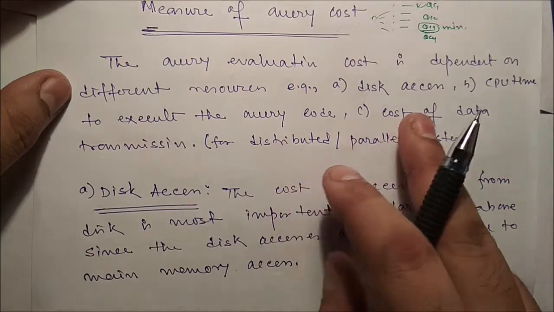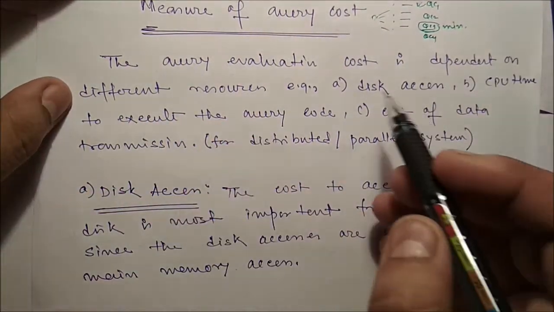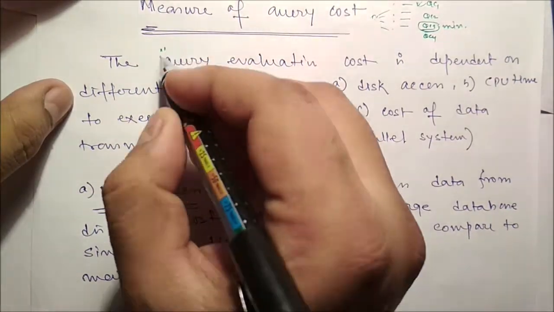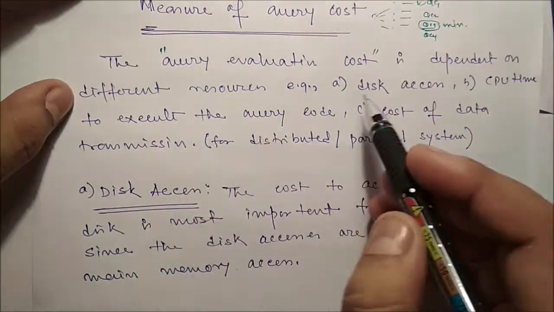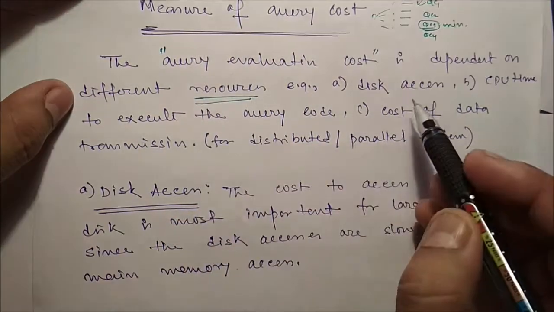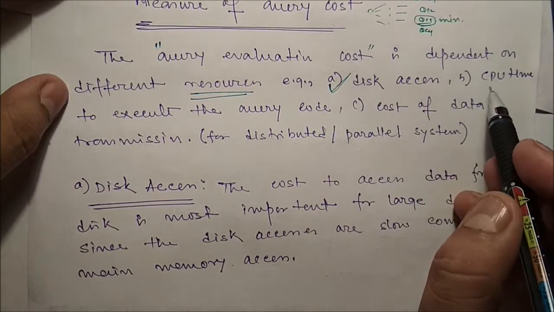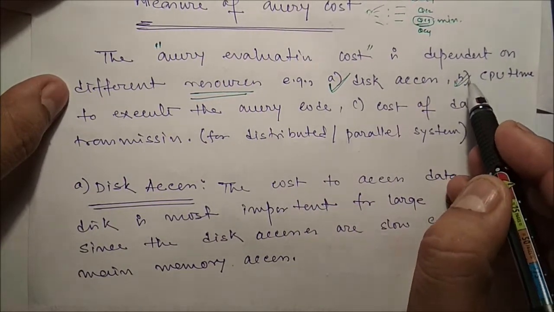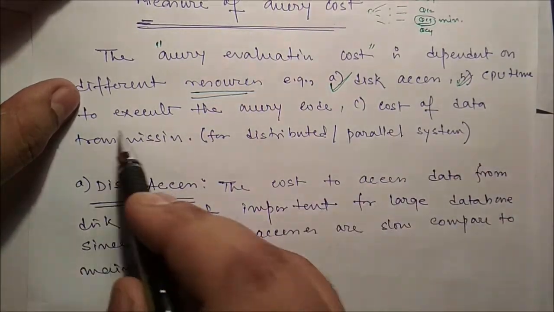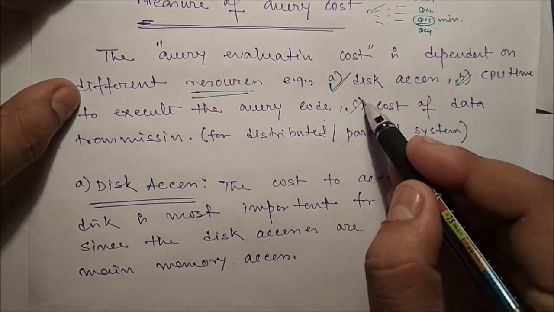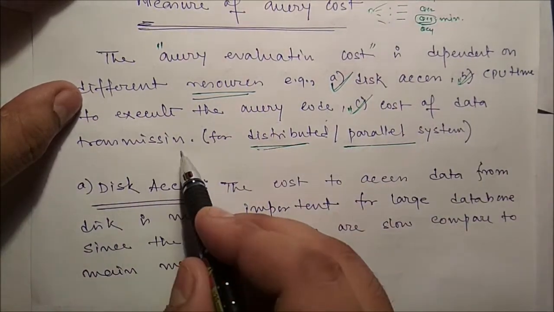Now the query evaluation cost is dependent on different resources. The query evaluation cost, or query cost in short, depends on three parts: disk access, that is the hard disk access; CPU time, the time to execute the query code; and if it is a distributed or parallel system, then the cost of data transmission.